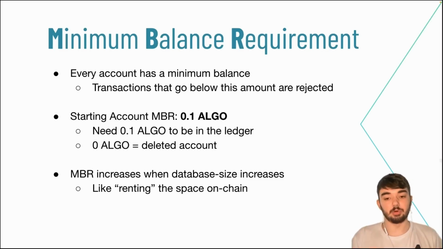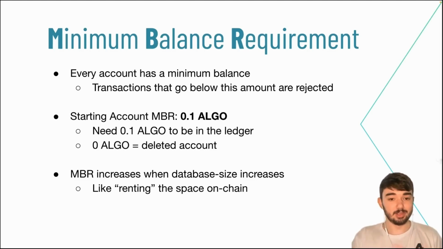So this is a very important concept to remember, that every account starts off with needing 0.1 Algo to be in the ledger, but as we do more things with that account, the amount is going to go up. In particular, the minimum balance requirement, or MBR, increases when the database size increases. So anytime the size of my account in the database gets bigger, I need to pay for that space. You can think of this like renting that space.